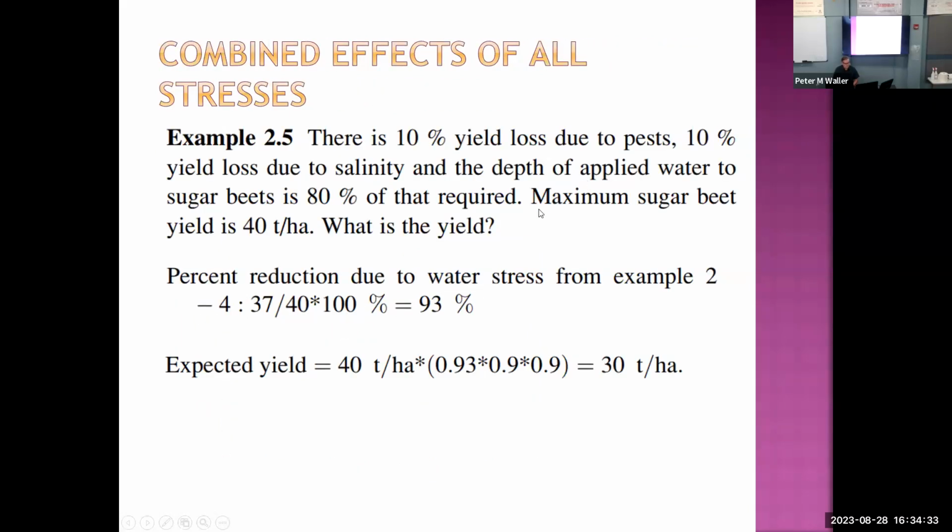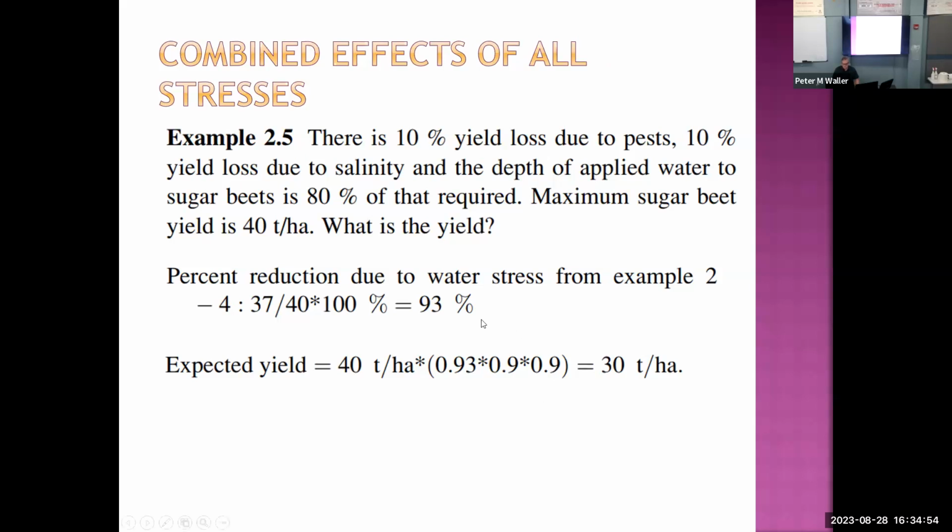Okay, so another consideration is, what if you have combined stresses due to reduced water and also pests and maybe salinity? Well, the standard practice is that you multiply all the stresses together to get the reduced yield.